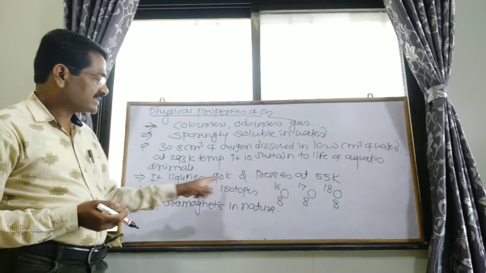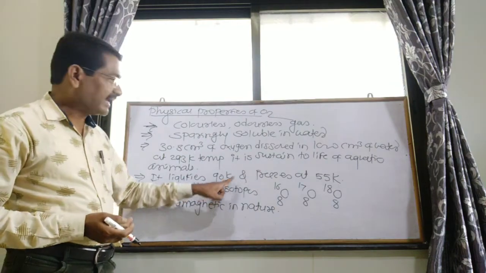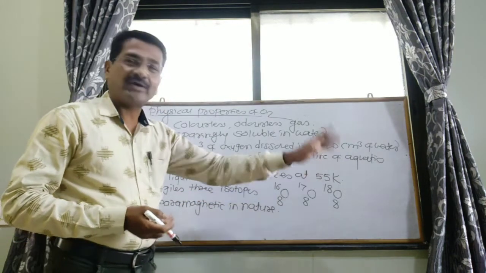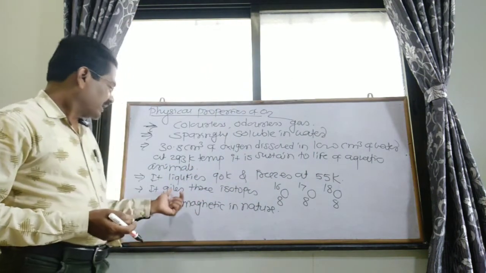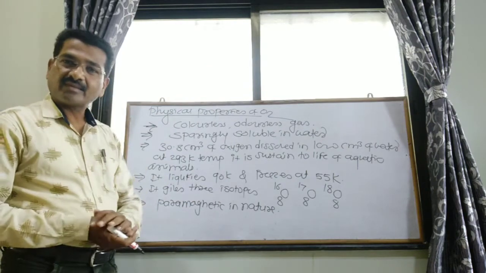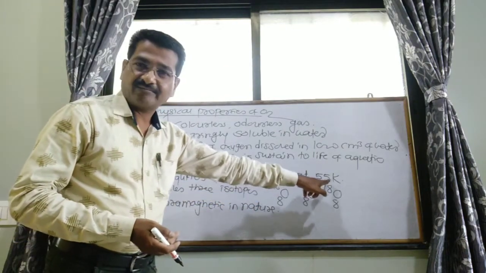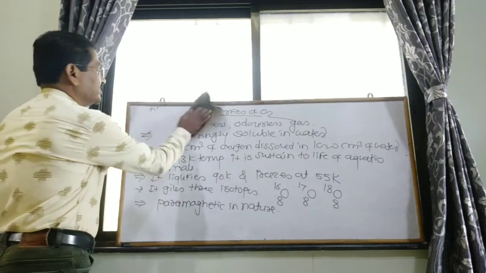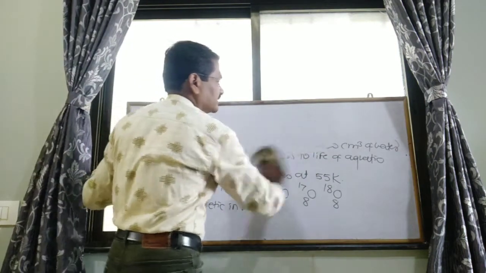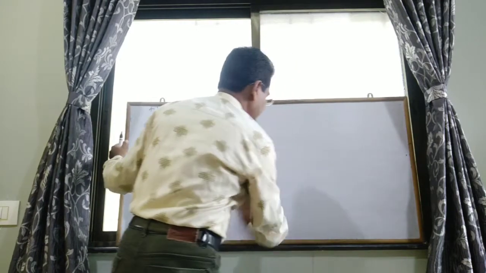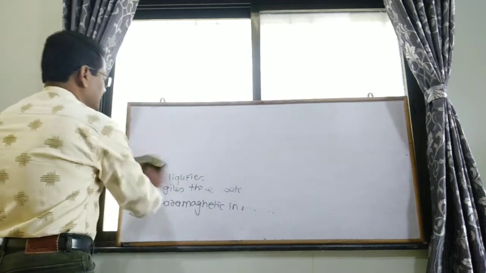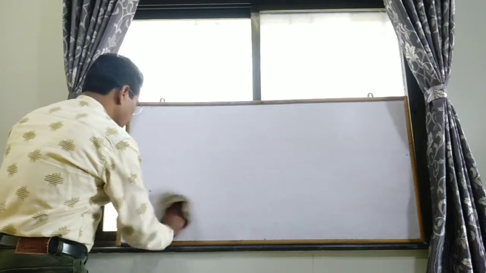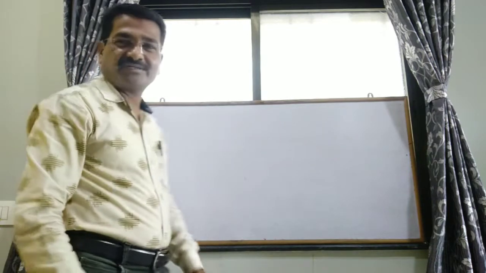Then it liquefies at 90 Kelvin and freezes at 55 Kelvin. It gives three isotopes, 16, 17, 18. And last, oxygen is paramagnetic in nature. So these are the physical properties of oxygen.